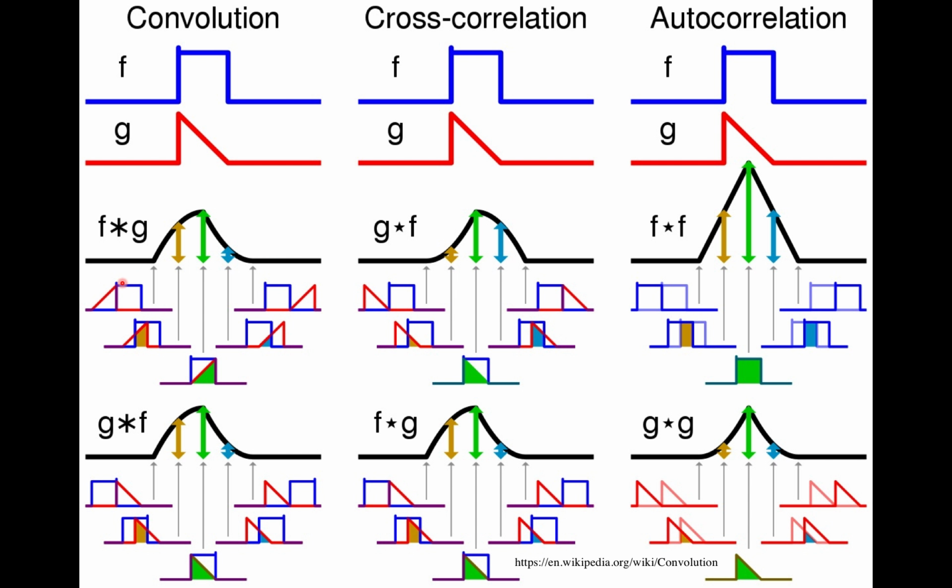And at each point, the output is what occurs when I multiply g times f and integrate under that multiplication. So when they're entirely overlapped here, this will be the integral. I've multiplied this top hat with the triangle. That's the integral, and that's the height of the function. And then as I move this along with this variable x, which I'm plotting, the integrals drop away as the two objects separate. And so the convolution of f with g, this square turns into that thing. That's what a convolution is.